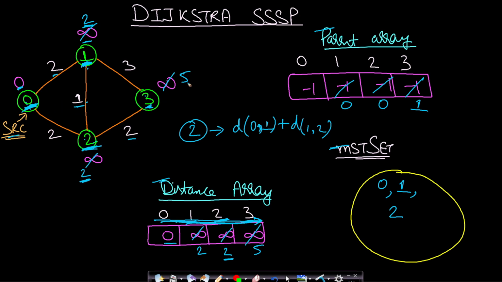So 4 is lower than the already known distance 5, so we will update it, and the new parent of 3 will be 2. Okay, now all the edges have been relaxed. So here as well we need to process just v minus 1 nodes, because processing v minus 1 nodes will make sure that the last node will already be processed, because there will be no other edge to process, right? So now our Dijkstra algorithm is done.